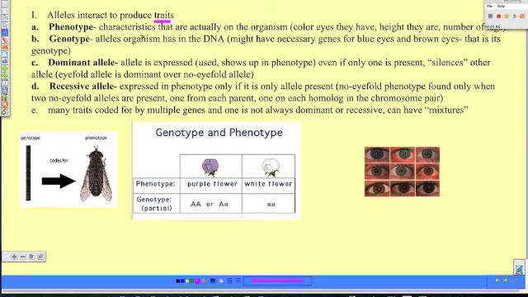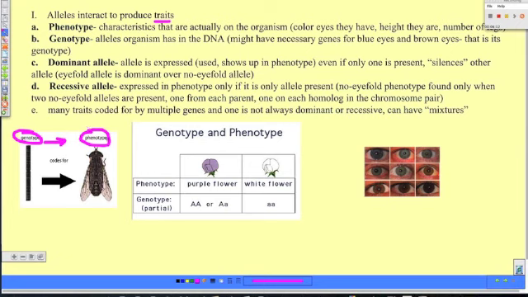But the phenotype is what actually shows up. The genotype, these are the alleles that the organism actually has. So genotype codes for phenotype. The phenotype is based on the genes that you have. So you have genes on your DNA, and these code for the phenotype. Okay?